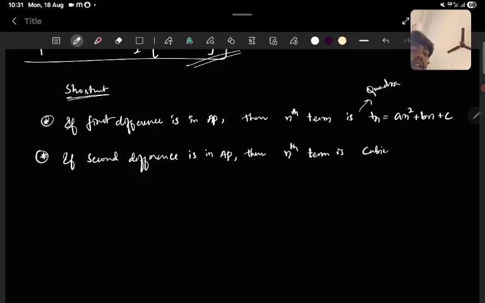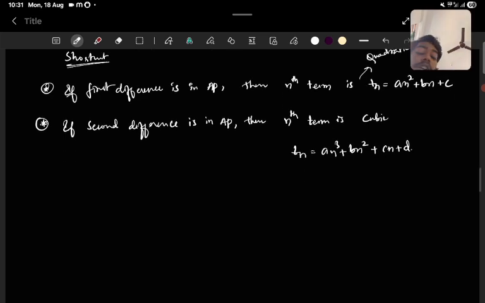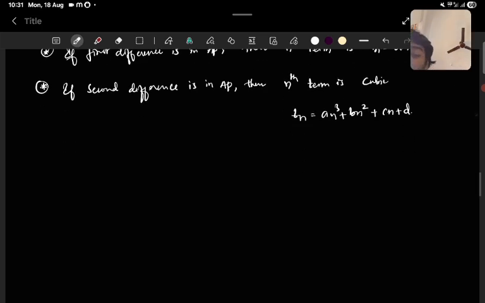Here it is quadratic and here it is cubic, where Tn is equal to an cube plus bn square plus cn plus d. Okay beta, this is how it actually varies. So let us look into one problem and we'll verify how it actually works. Let's take a question.